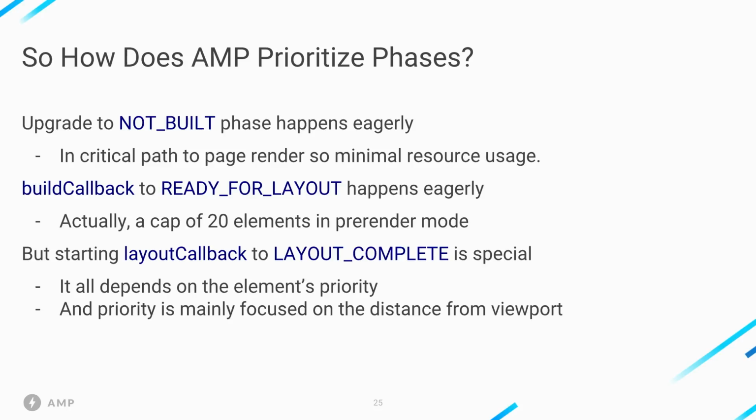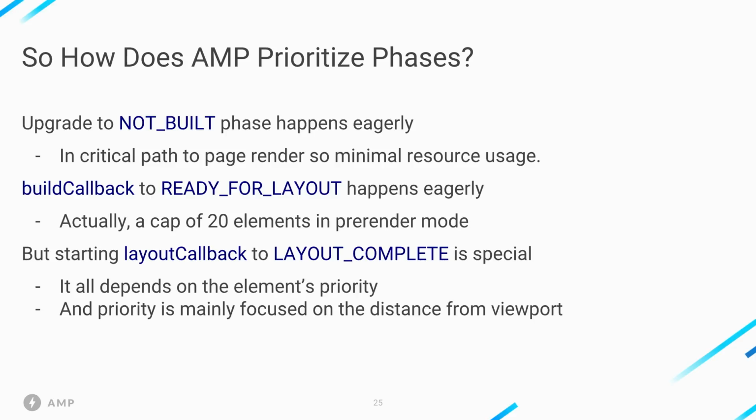And a little word about how we prioritize this. Upgrade to not built is very greedy. Happens immediately. It's critical path to rendering the page. We're going to go through and we're going to run that for every AMP element on the page. So you want that to be very lightweight.